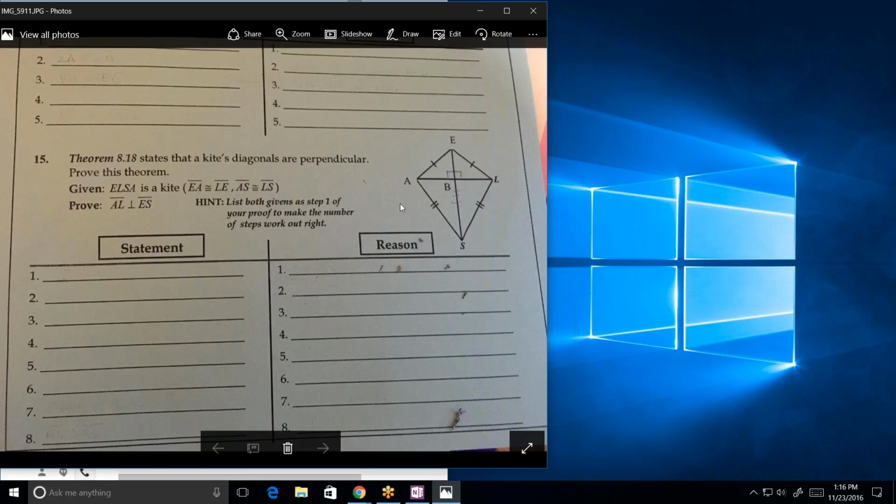I don't know what the title of the theorem is, but it's based on the fact that the big diagonal bisects the small diagonal in a kite. Since they've told us that it's a kite, that's the big diagonal, that's the small diagonal. If the big diagonal bisects it, then AB is equal to BL.